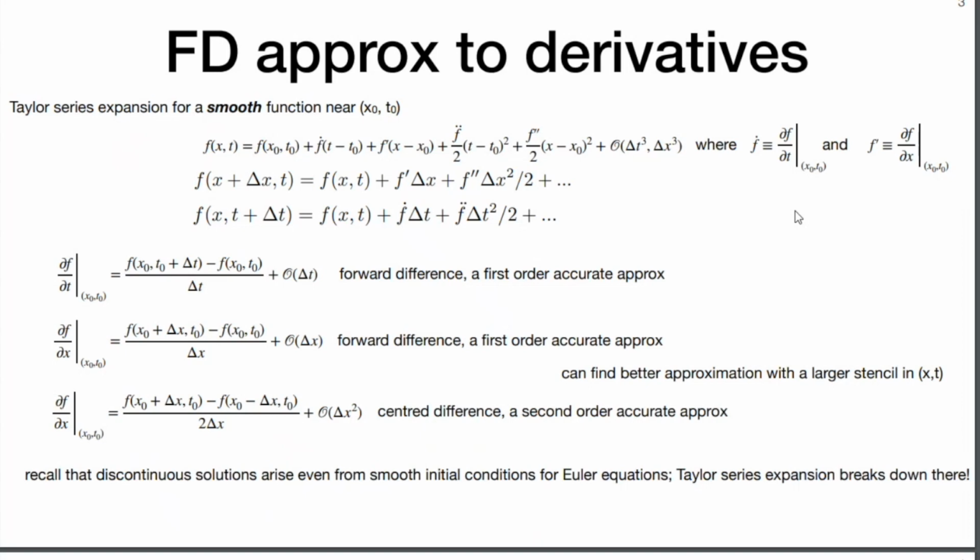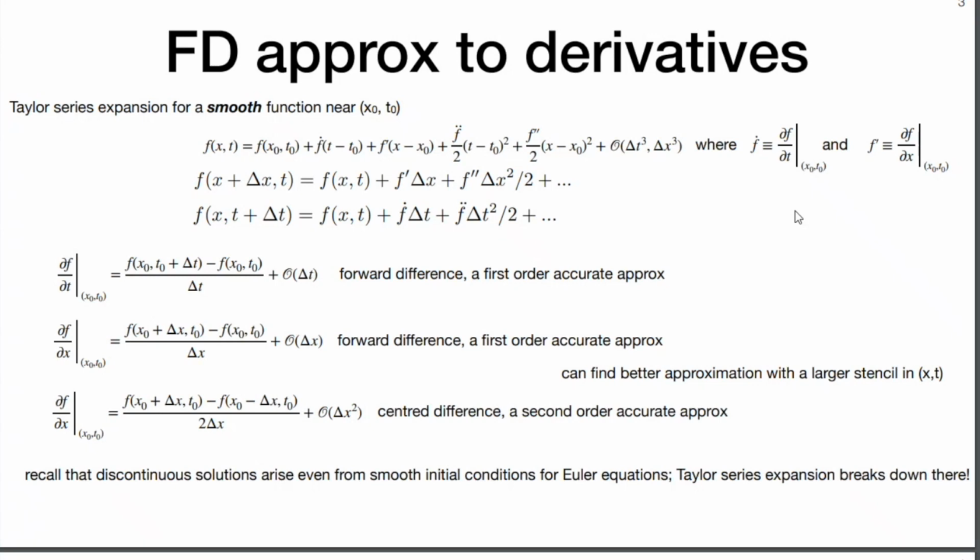These are standard Taylor series expansions of f(x, t) around x naught, t naught. Here f dot is the derivative dow f dow t evaluated at x naught, t. F prime is dow f dow x evaluated at x naught, t. You all know it, and so on. You just keep on going.